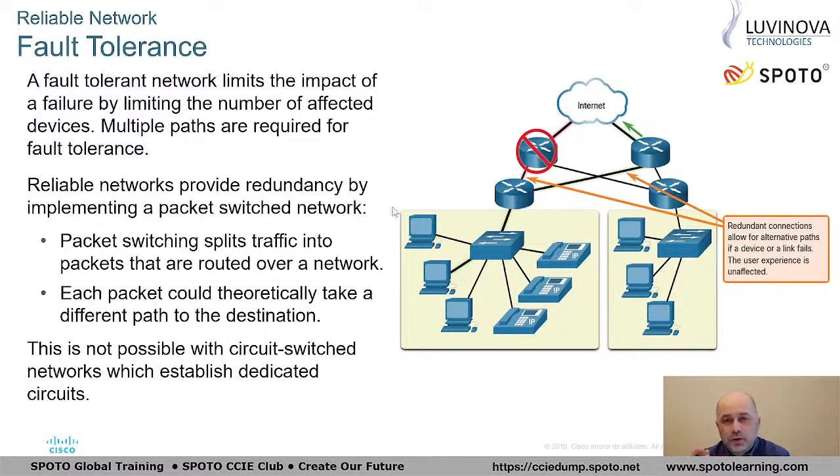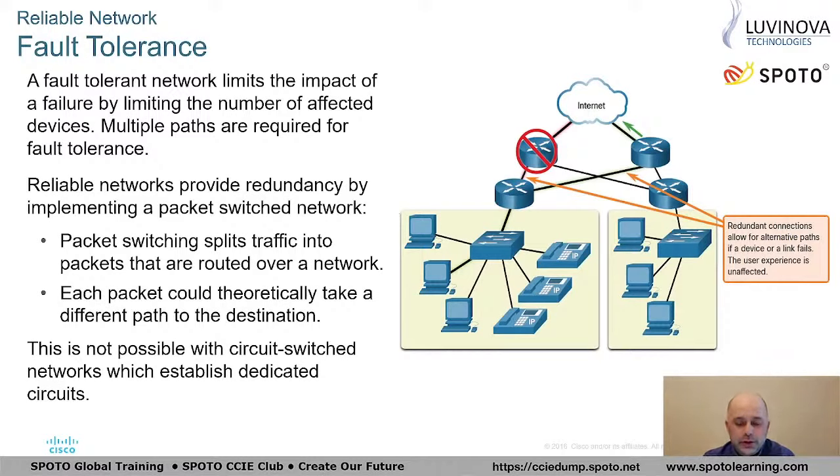A fault tolerant network limits the impact of a failure by limiting the number of affected devices. Multiple paths are required for fault tolerance. For example, as you can see, PC1, one of the computers, wants to send a message to another computer. It will go through the switch, then to the first router.